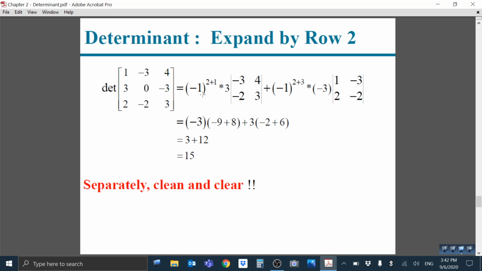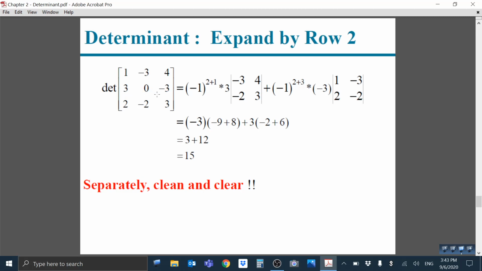So it's -1 to the power 2 plus 1, times the entry, times a smaller 2 by 2 matrix that I get by eliminating row 2 and column 1. So what I have is a matrix -3, 4 and -2, 3.